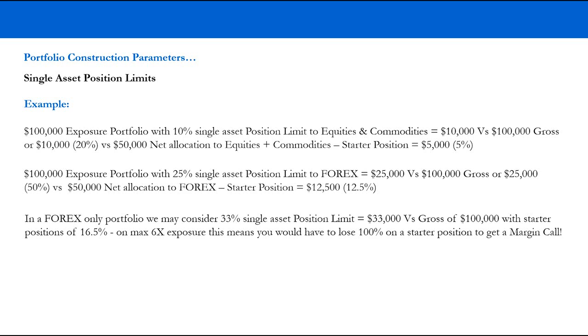Now, of course, you still have gap risk. If you don't want to have that, then you don't have to break the limit. You can just run the trade. But you can also increase the exposure and apply a single asset position limit to winning trades.